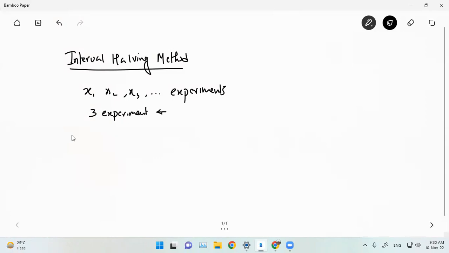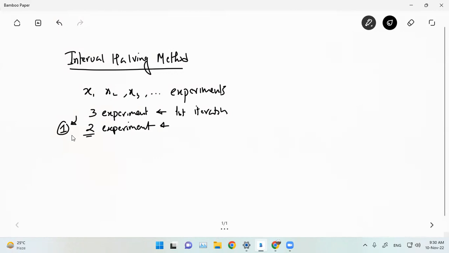And in the consecutive iterations, we'll have 2 experiments, because of the procedure, one of the points will always remain from the previous iteration.